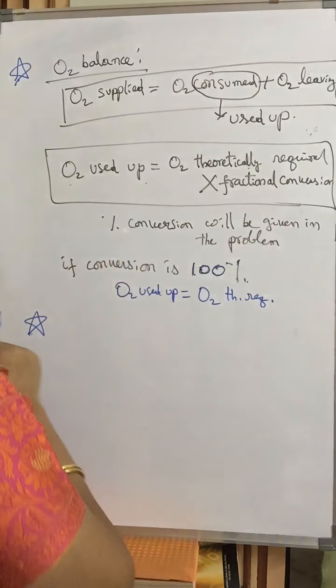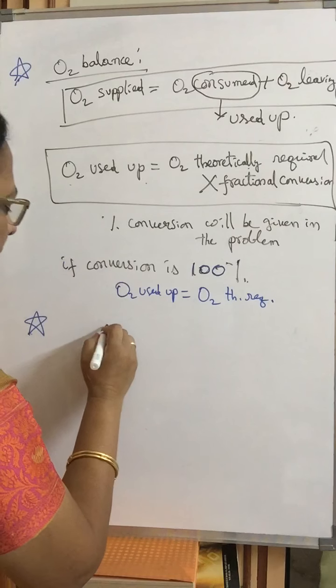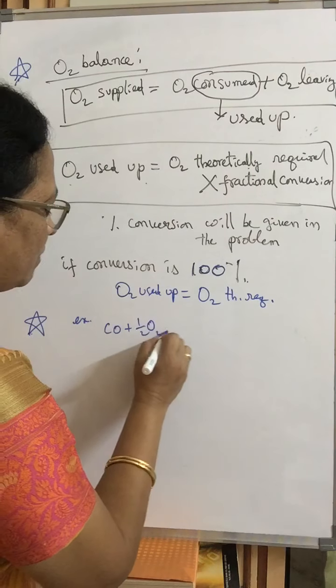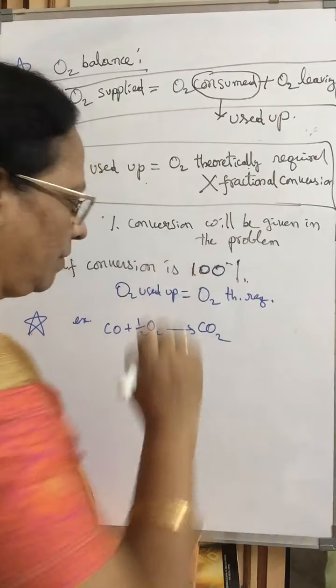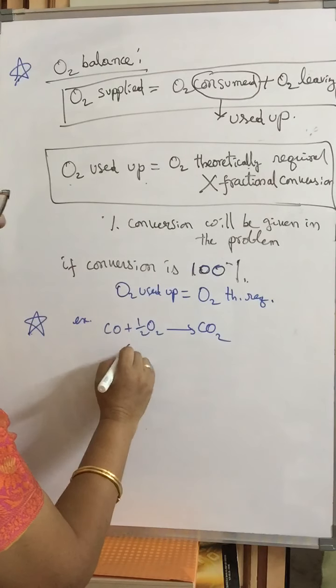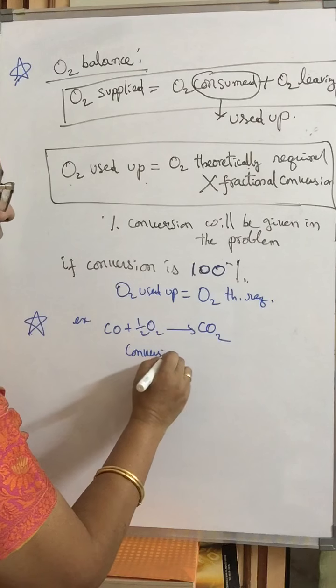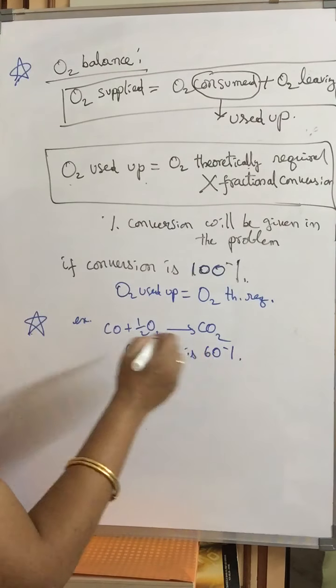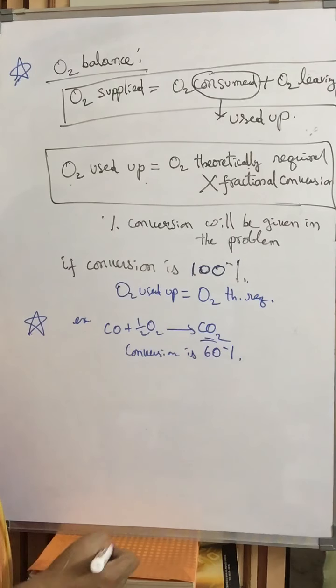Another point is the product formed. We take the same example, CO plus half O2 gives CO2, with conversion at 60%. Then what about the product formed?